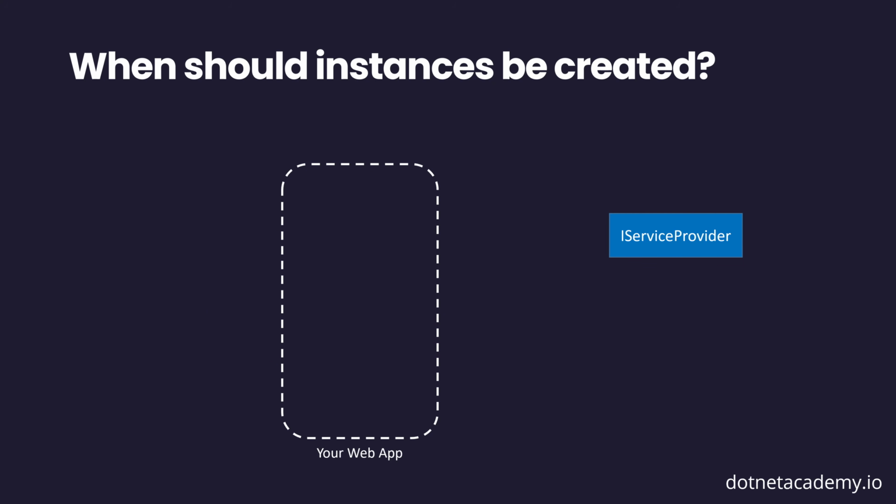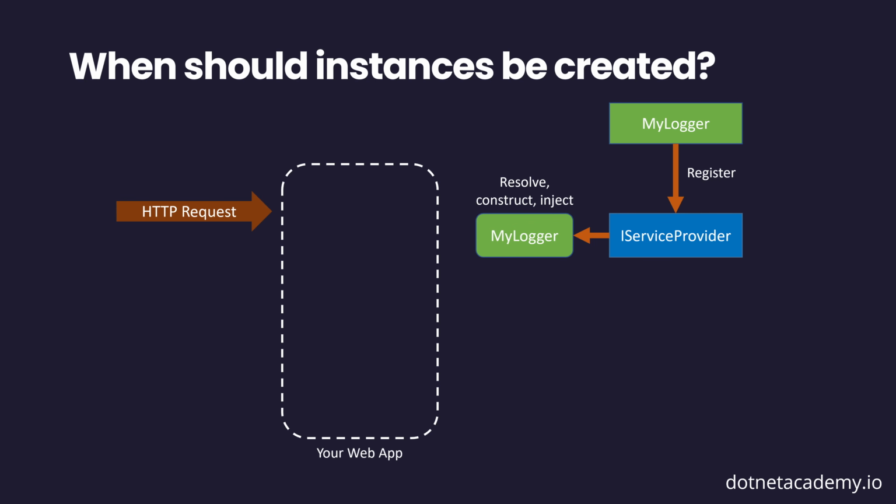But when should IServiceProvider create new instances? We know that on startup, your application will register the dependencies like myLogger here, and later, when an HTTP request arrives, IServiceProvider will resolve, construct, and inject an instance of myLogger into a new instance of your class, myService in this example.